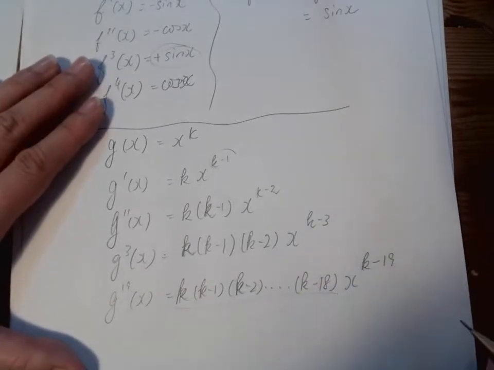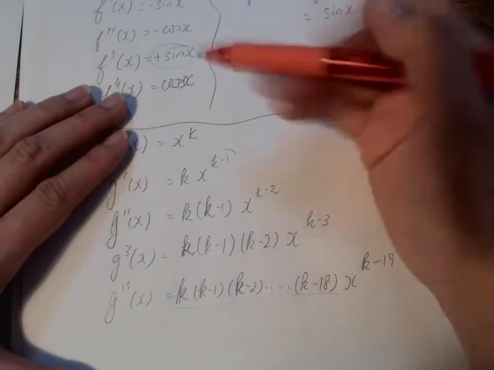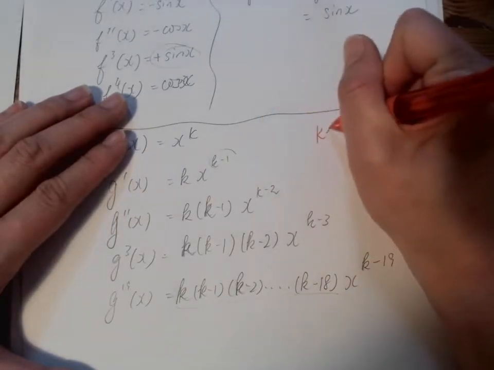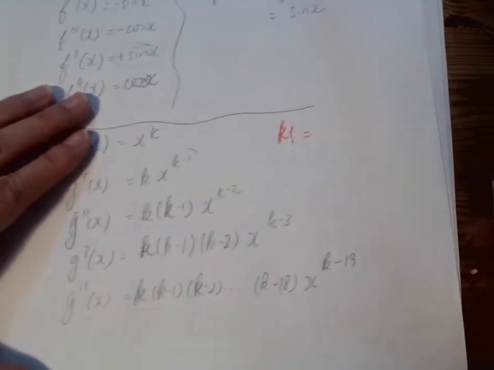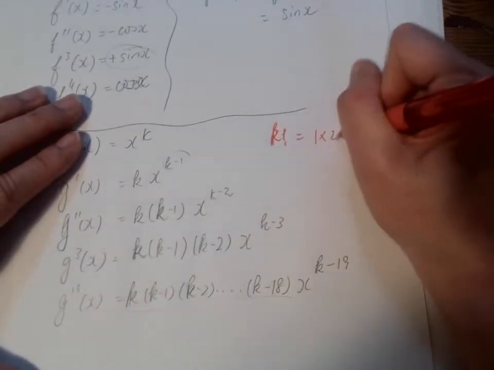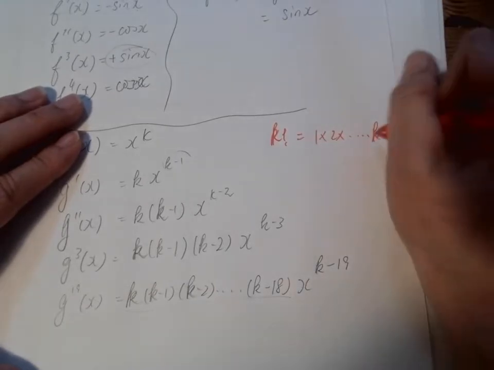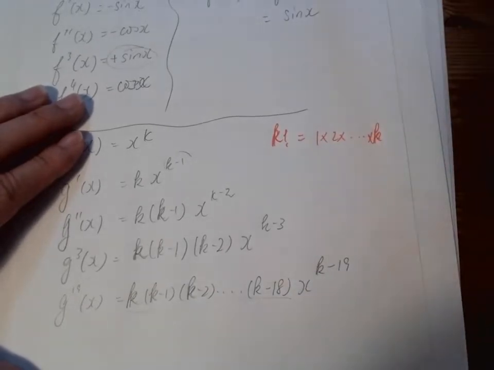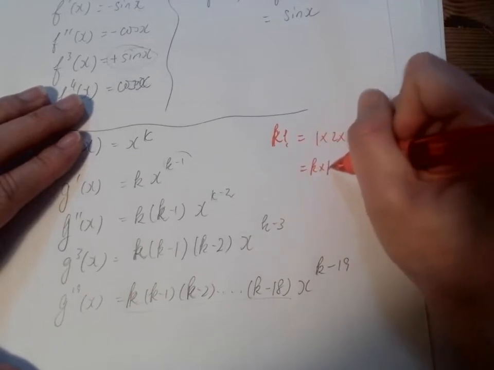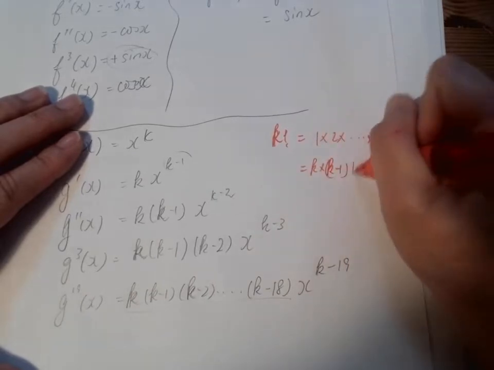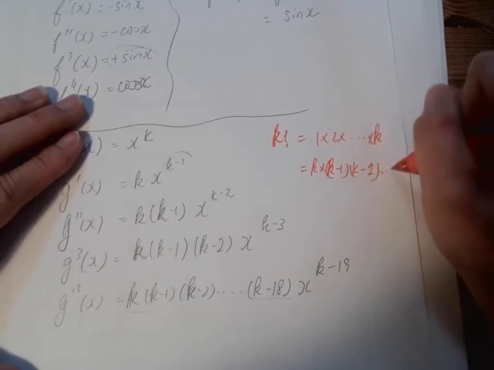Now we need to put it into factorial. K factorial equals 1 times 2 times up to k. In reverse, we could put it as k times k minus 1 times k minus 2 up to 1.